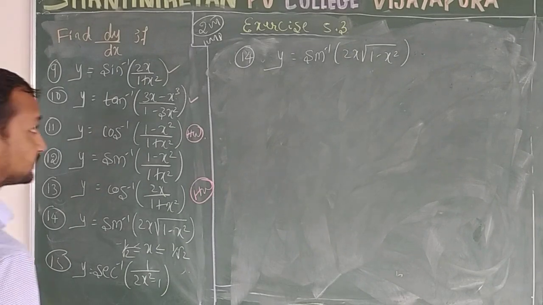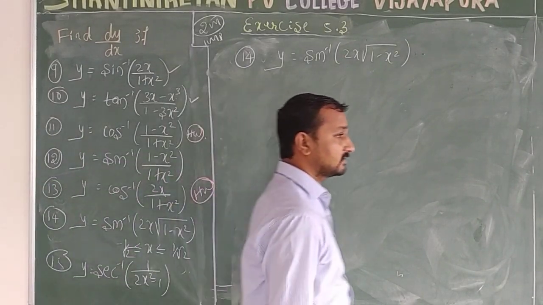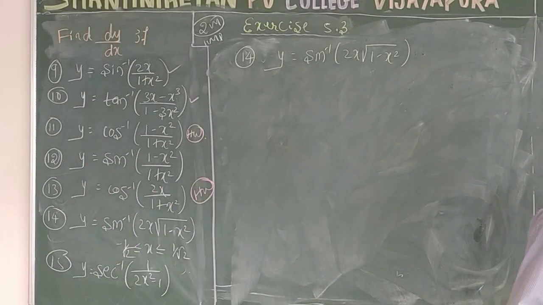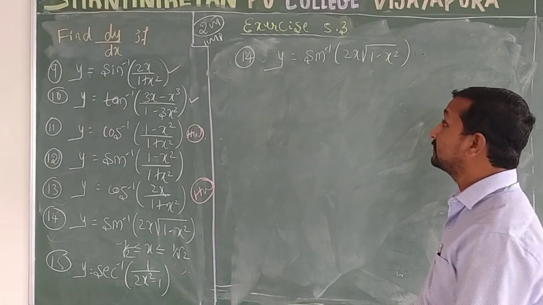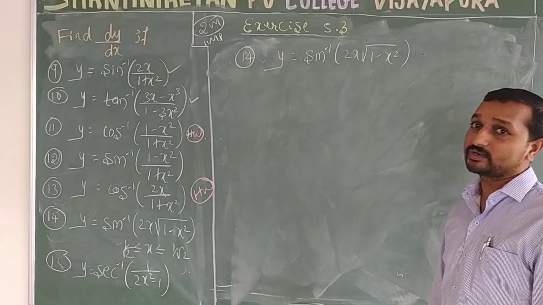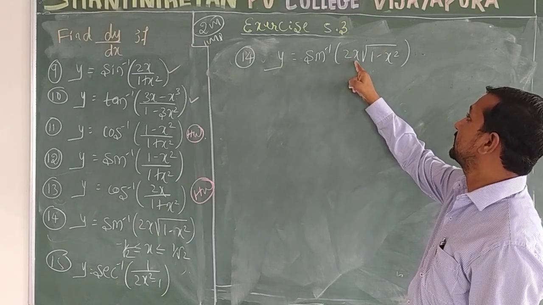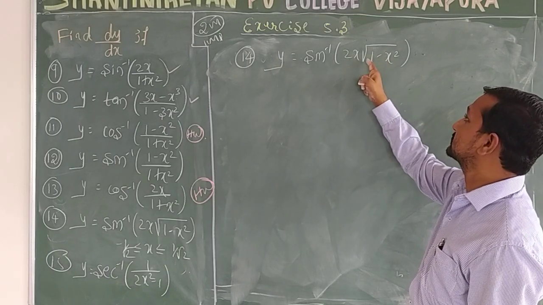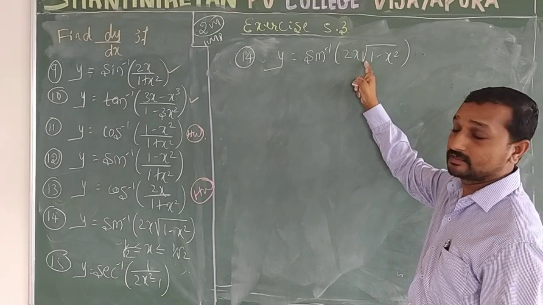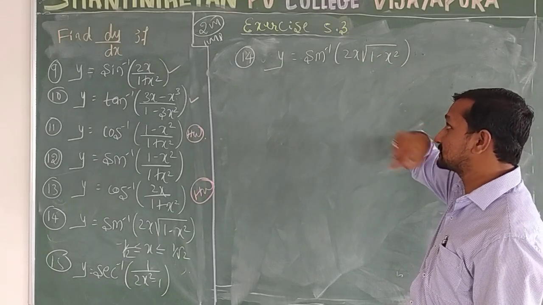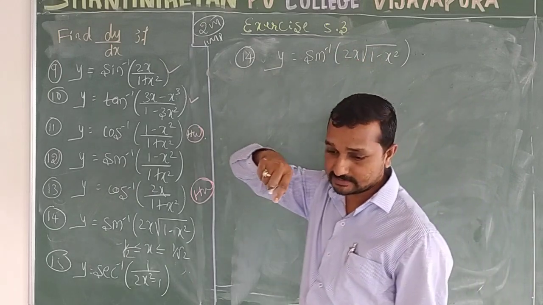So students, this is also a very easy example. When we put x equal to sin theta or cos, here we do not put x equal to tan theta. So this is sin inverse of 2 sin theta root of 1 minus sin square theta, which is cos square theta, that is cos theta. Already we solved this type of example in the inverse trigonometric function chapter.